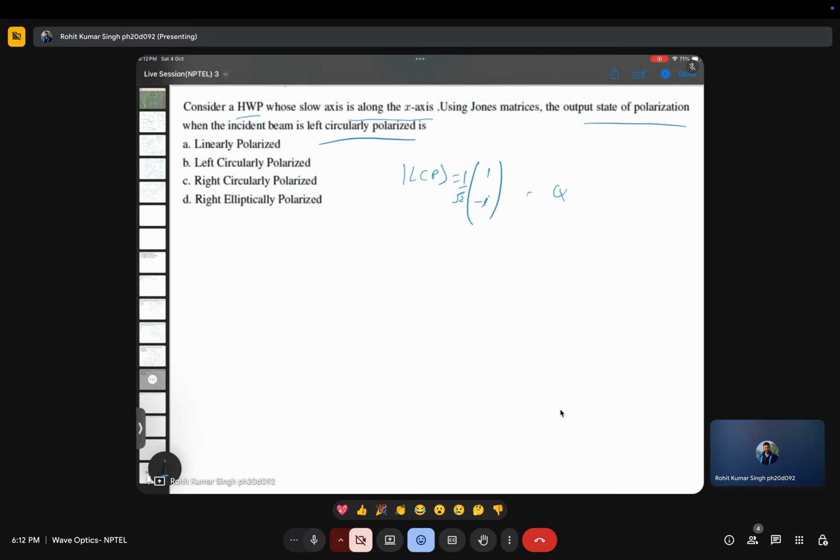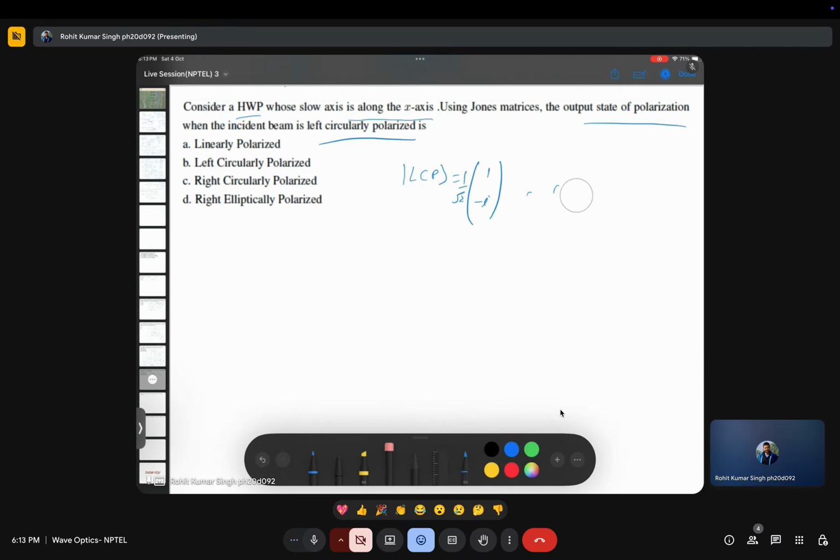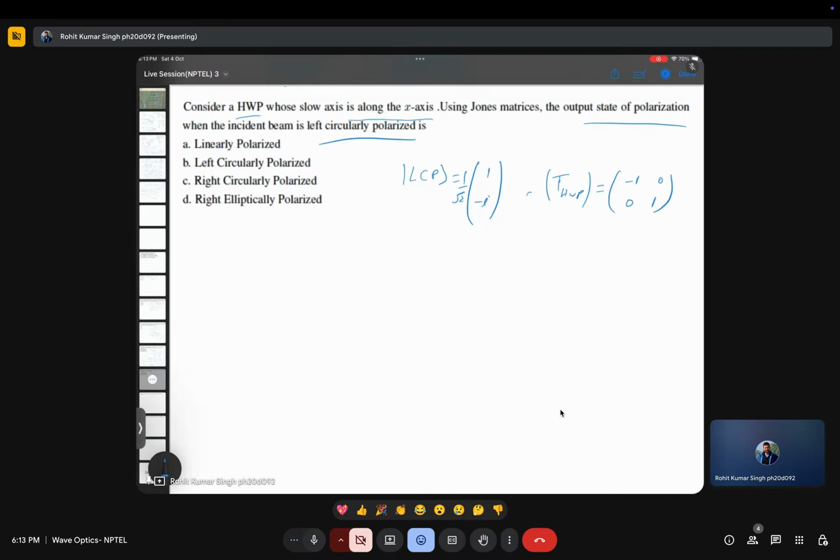And for the half wave plate, the Jones matrix for half wave plate is given, I wrote it earlier, like this. Okay, so you have to just operate it on this.